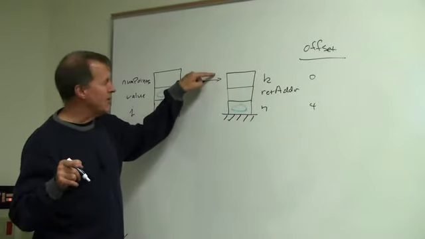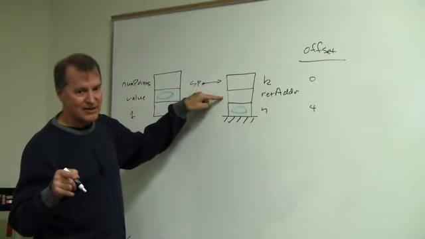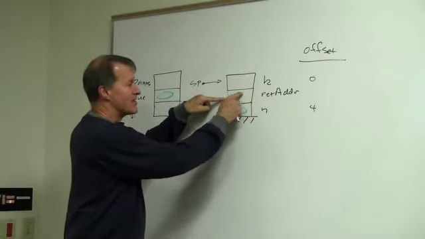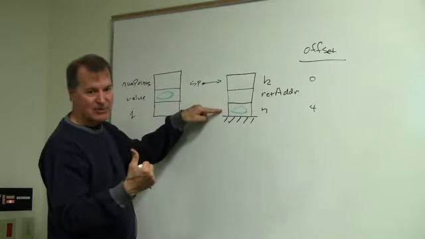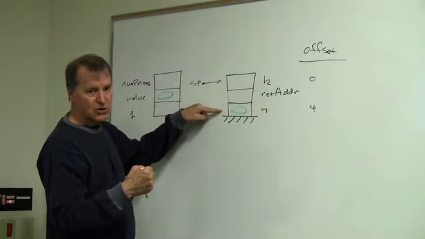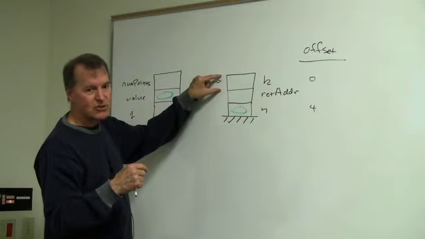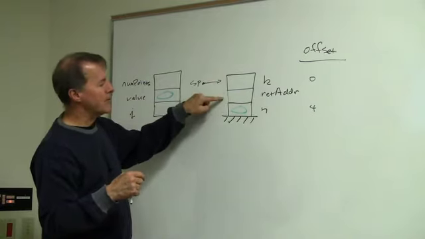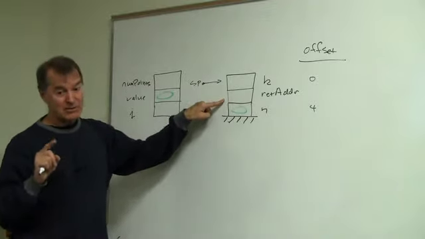Ret 2 adds 2 to the stack pointer to here, then it takes whatever is here and puts that in the program counter, and then it adds 2 and makes the stack pointer be here. That's why we only need Ret 2, because the 2 only applies to the locals. It will automatically do another 2 for the return address.